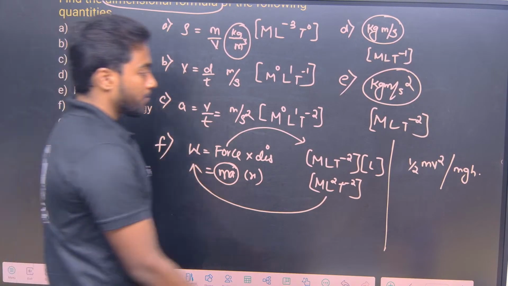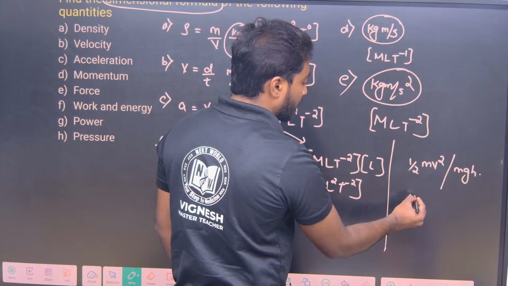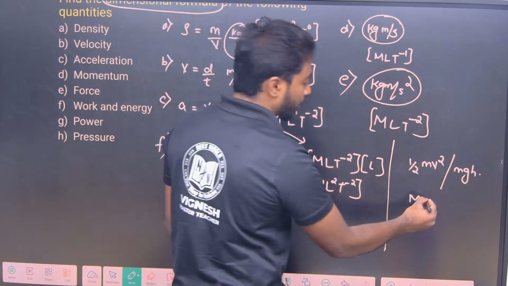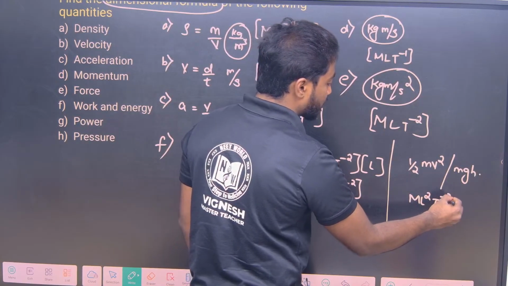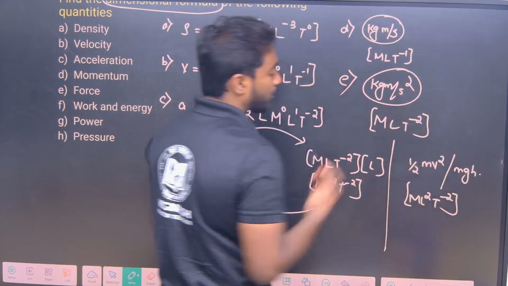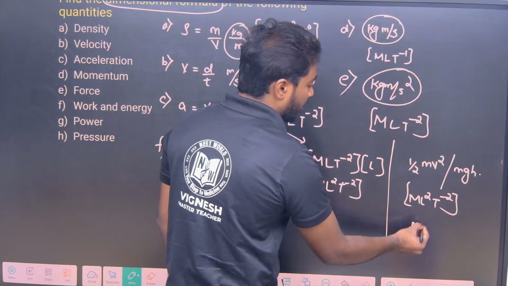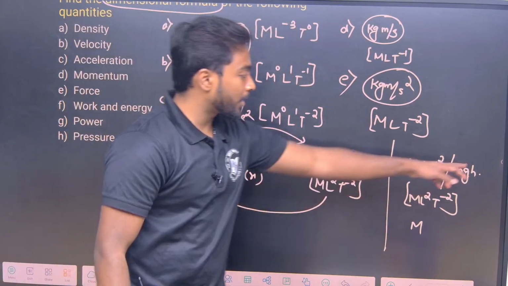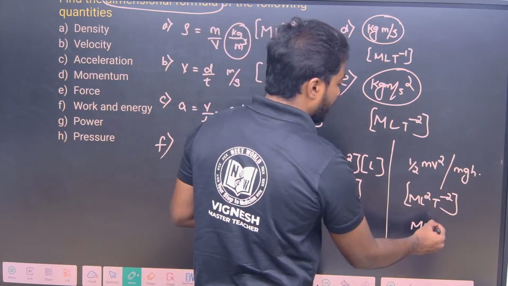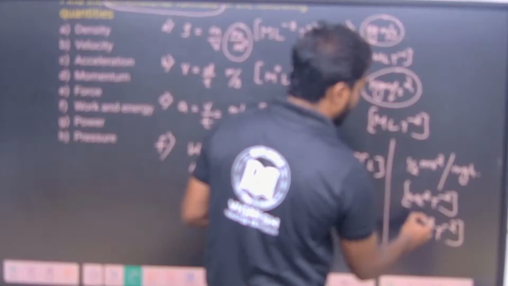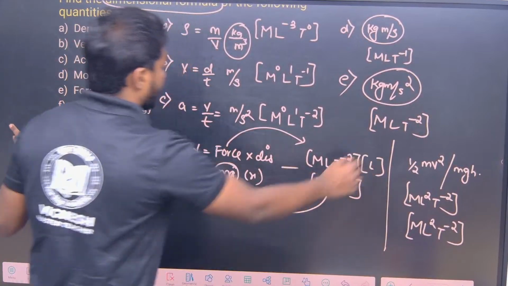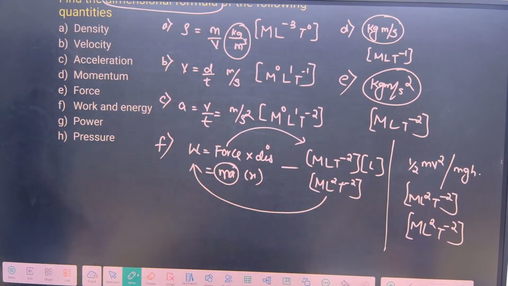Now see, mass m, meter per second whole square, so L power 2 T power minus 2. When I do for this one, mass m and meter per second square and again meter, so L power 2 T power minus 2. Are we getting the same one? Yes. So for the sixth question, this is the answer.